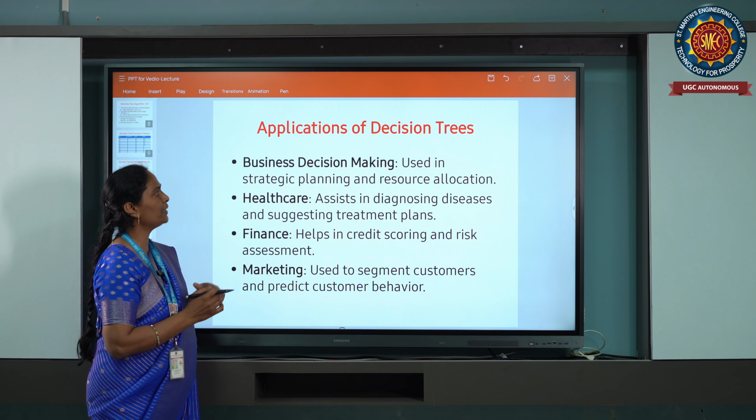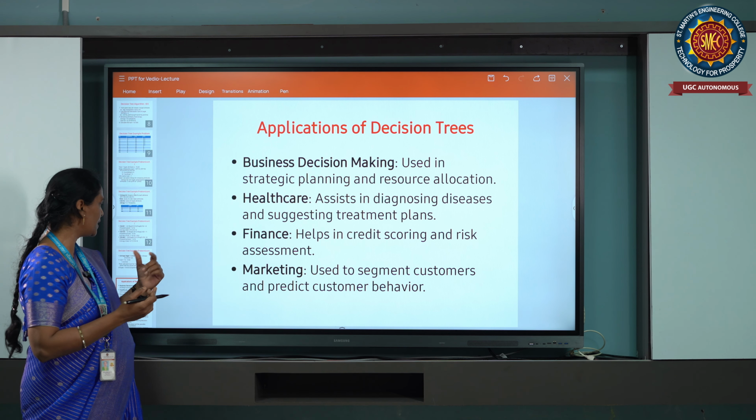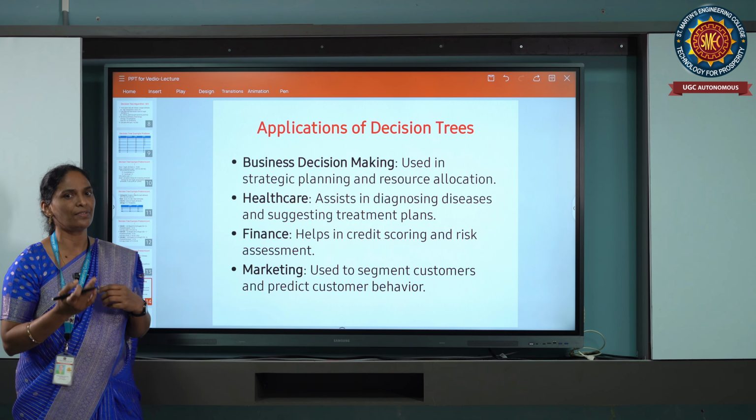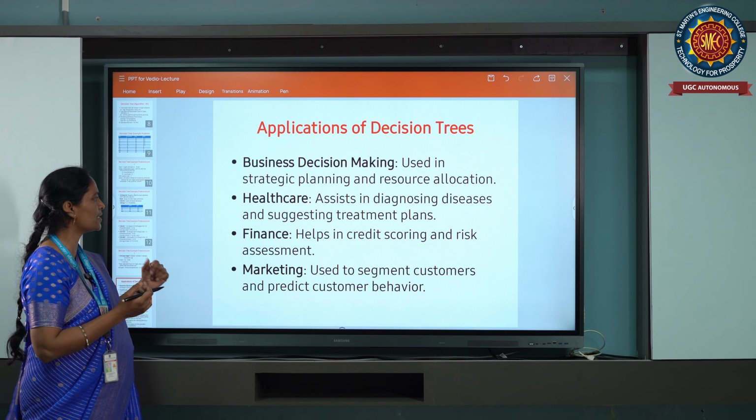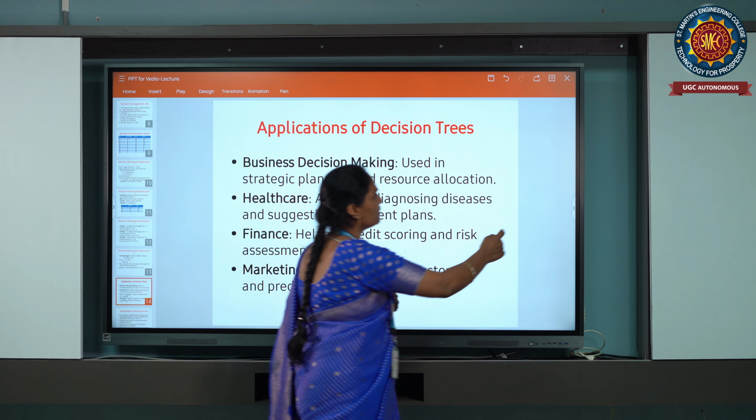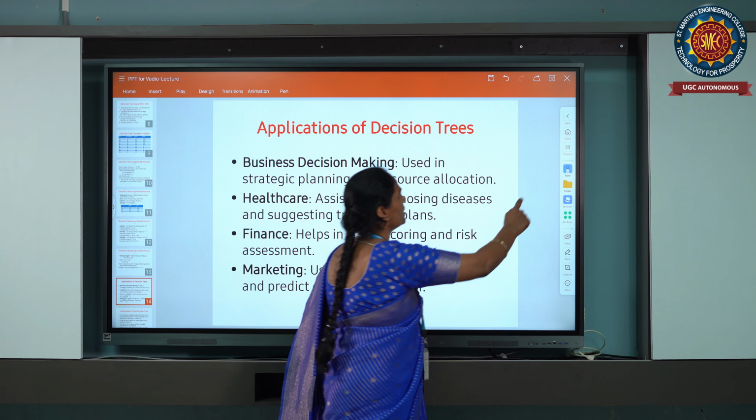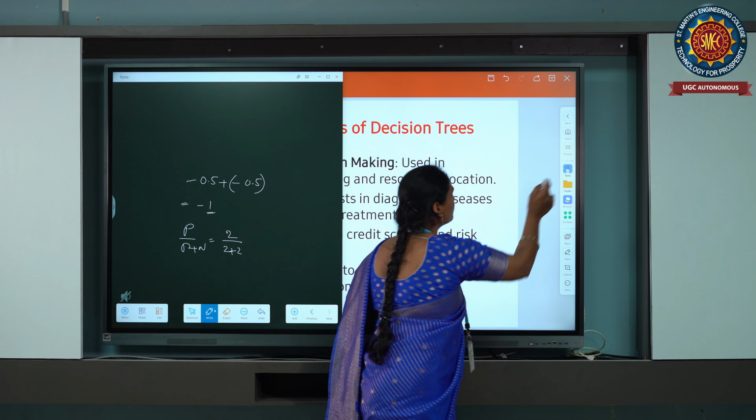So that we will get a decision tree there. By using the values of the three attributes we will see the structure, how it is divided into the decision tree structure.